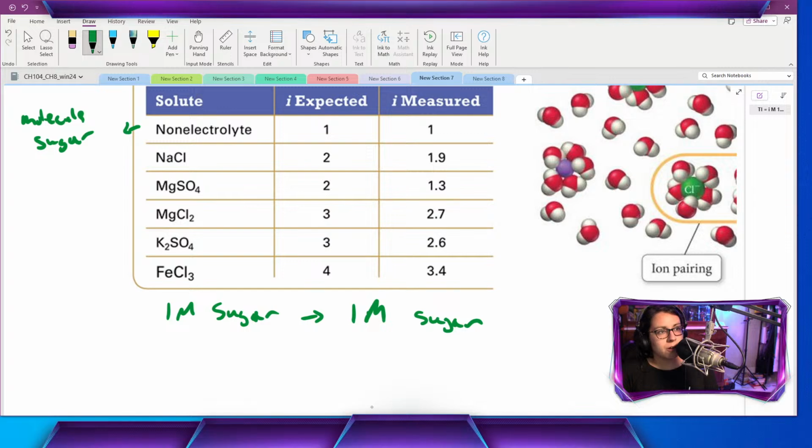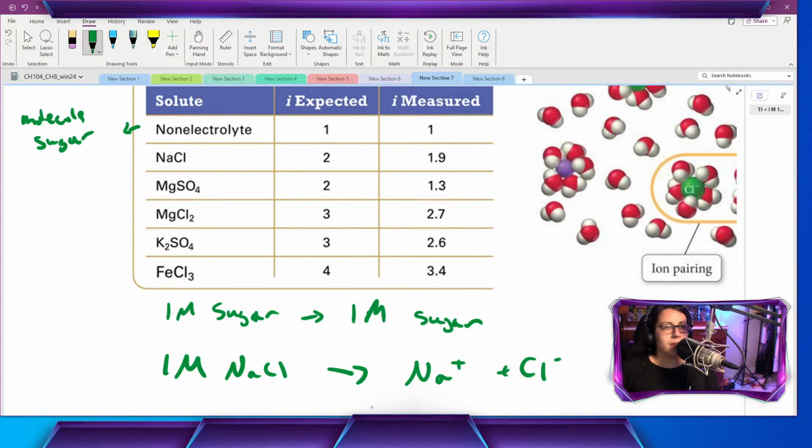So we have a 1 molar solution of sodium chloride, except it dissociates into 2 ions, sodium and chloride. So even though you have a 1 molar solution, you have effectively 2 molar of ions in solution.